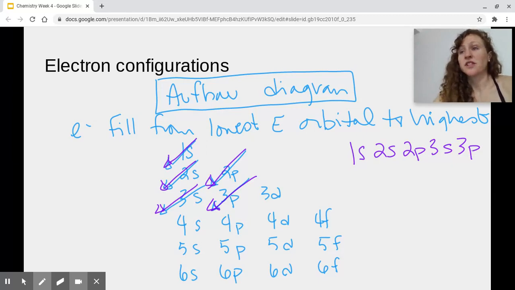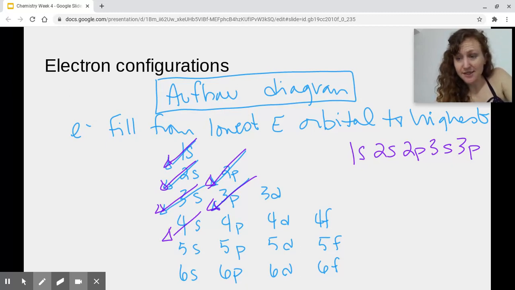So far, they've just filled in numerical and then letter order, s, p, d, so far, right? We filled all the 1s, we filled all the 2s, now we're filling the 3s, but here comes the problem. What fills next? According to the Aufbau diagram, where is our slashy line going to go next? It's not 3d, right?